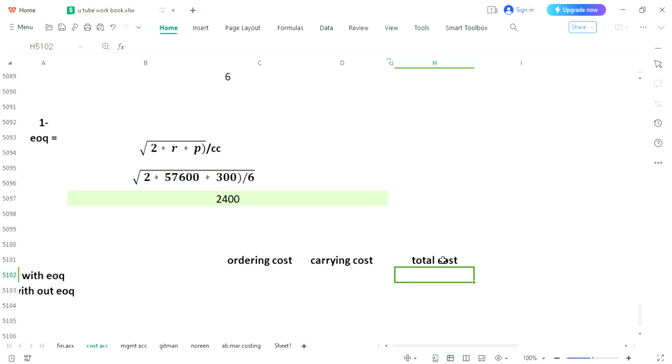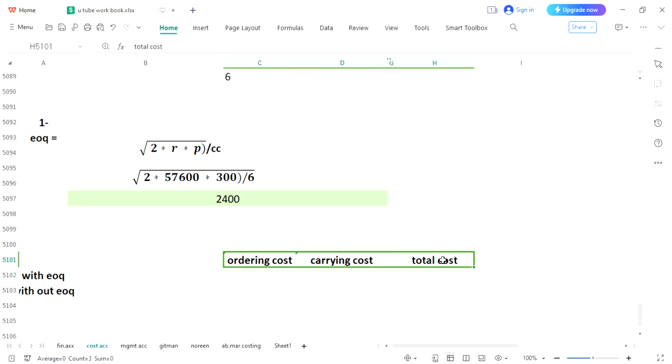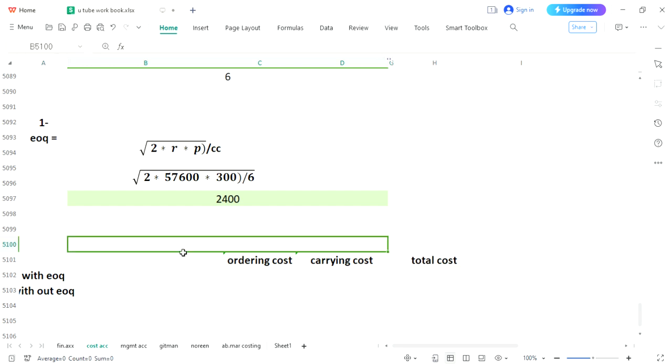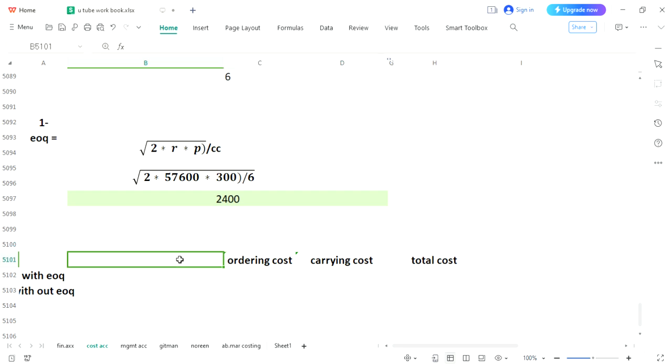Please let it be understood that all these headings would be used for the calculations. So kindly keep it in mind, they have their formulas. At this stage, you will also calculate your number of orders as well, with which you will be able to calculate your ordering cost.